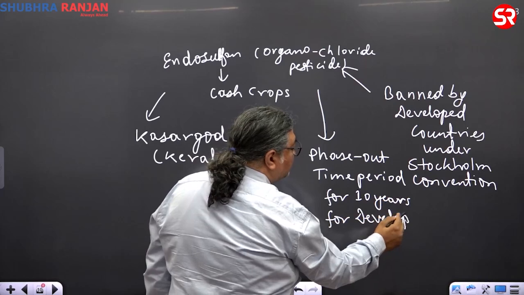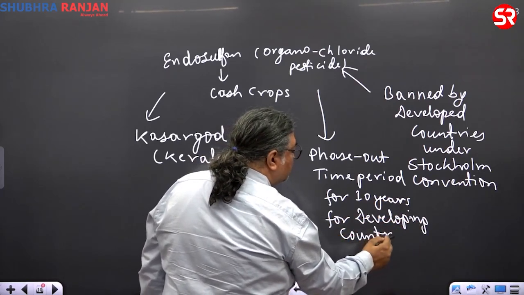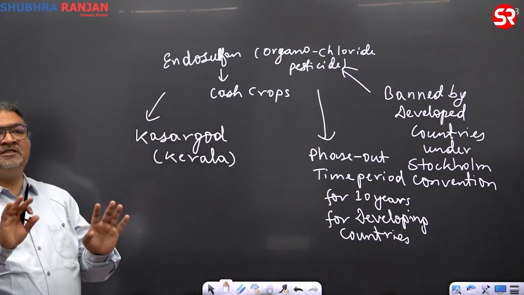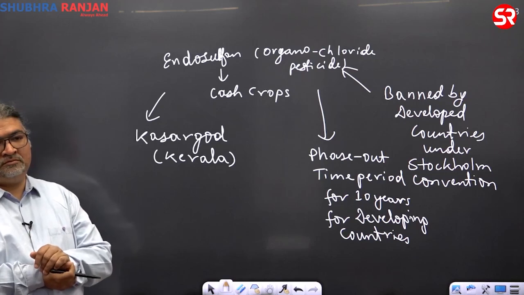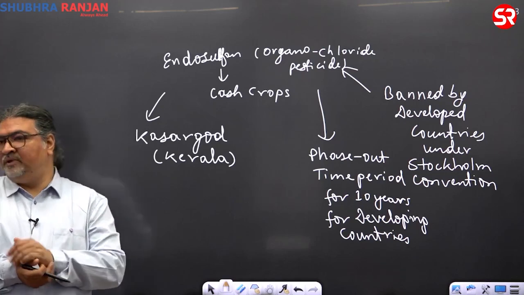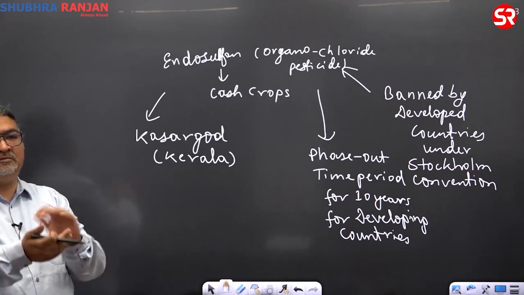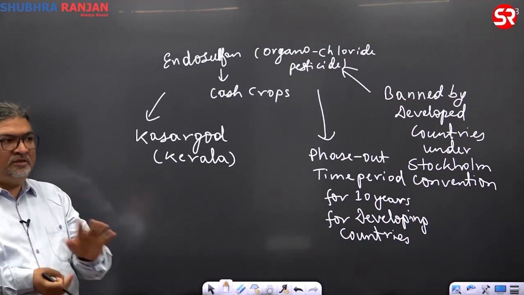Why is the phase out timing given for developing countries? For any convention, whenever the phase out time is there, it applies to production and use. The reason is simple, so that they can find some alternatives. So India and China, at the summit and COP meetings, asked for 10 years relaxation so that they can look for some better alternative. So still the matter is there.